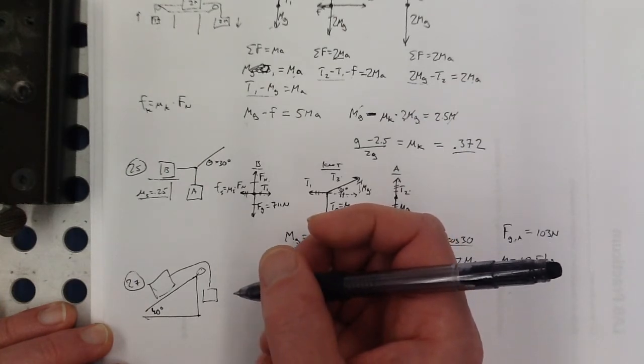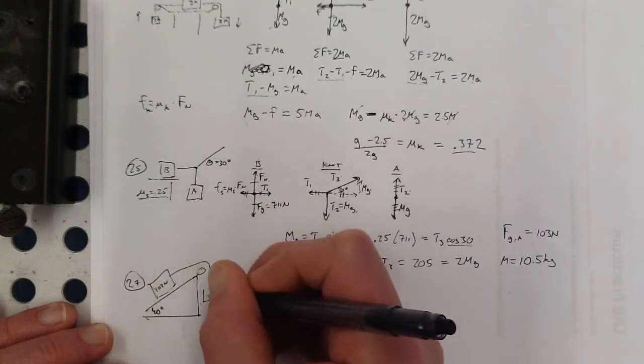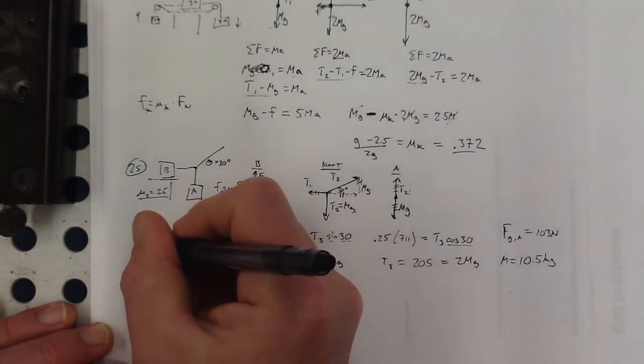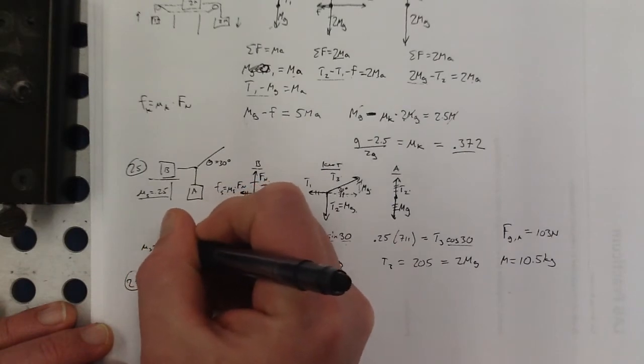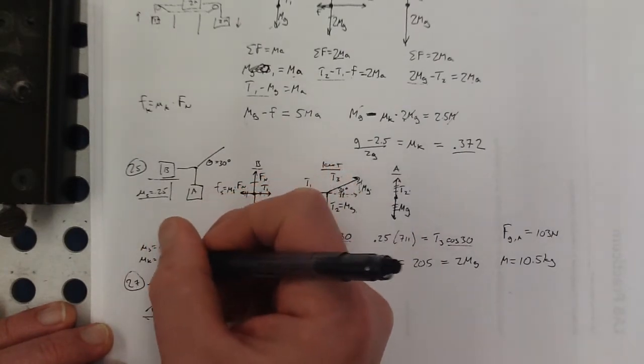The weights of the blocks are 102 newtons and 32 newtons. And the coefficients of friction are 0.56 and 0.25.